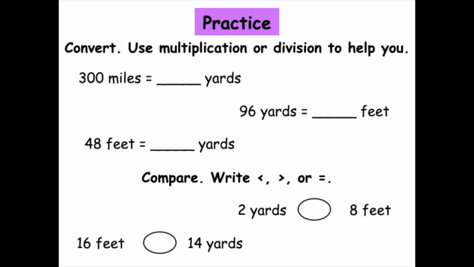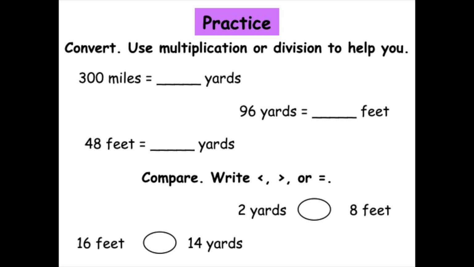So here we have 3 practice ones where, like what we just did, you're converting using multiplication and division. 300 miles equals blank yards, and 96 yards equals blank feet, and 48 feet equals blank yards. Again, go back to that units of length slide or wherever you wrote it in your copybook and use that information, because it's the only way you will be able to figure out the conversions.